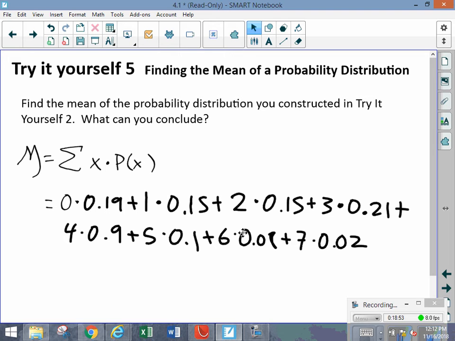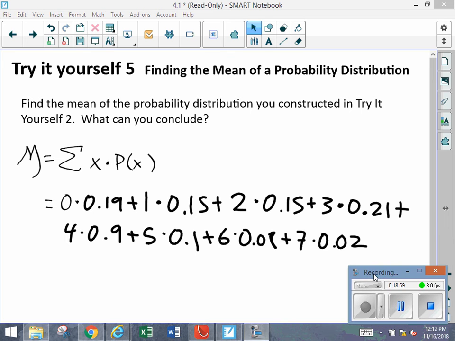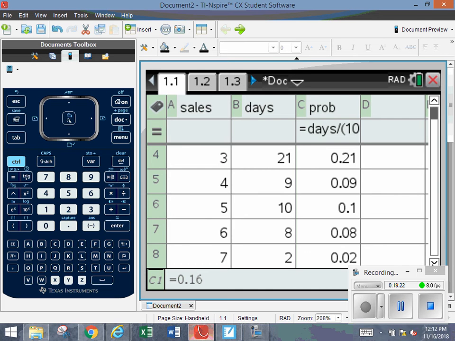Now, we're going to get our calculator to do that. So this is a lot of stuff, right? Before you put it in your calculator, did I make a mistake? Oh no. It's all skewed.